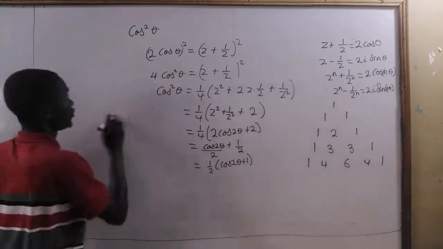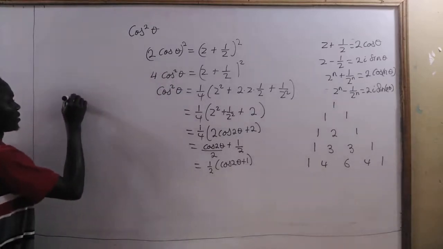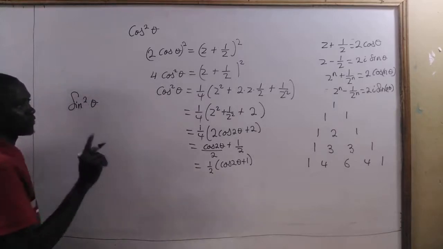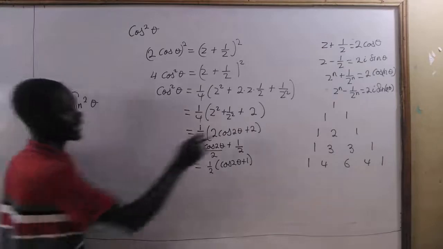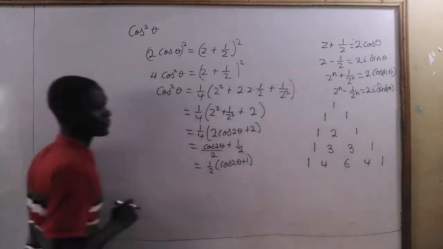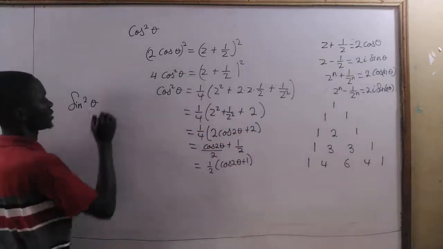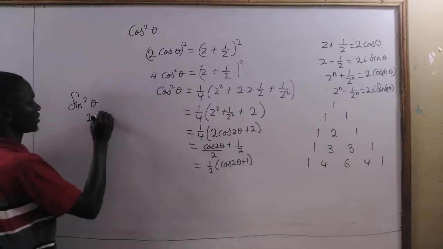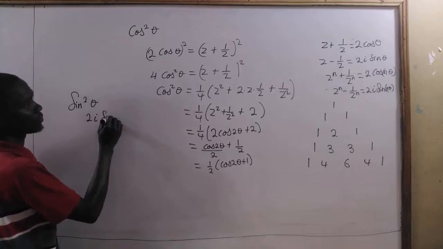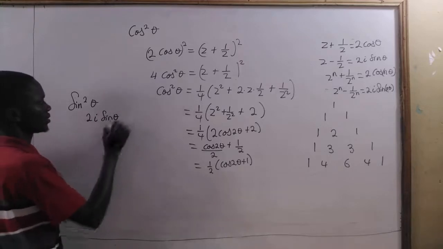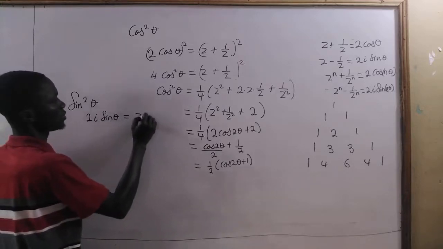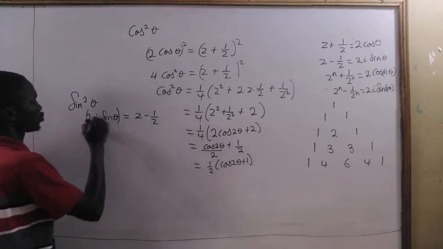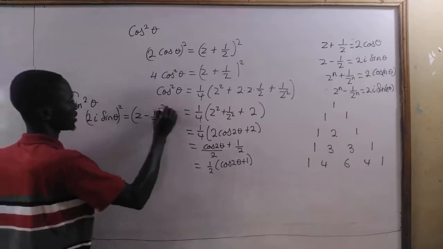What about if we are to take sine squared theta? For sine squared theta, you look at the one containing the sine. So that one is given by 2i sine of theta is equal to z minus 1 on z, and if we square this one, we have to square this.